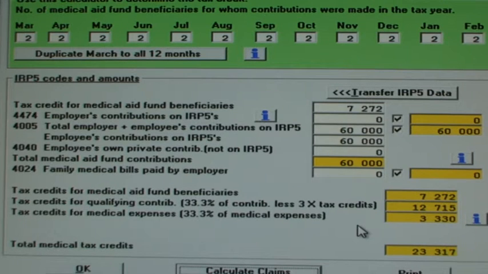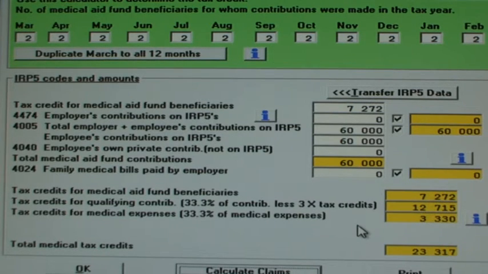60,000 Rand contributions less 21,816 Rand is 38,184 Rand, and 33.3% of 38,184 Rand is 12,715.